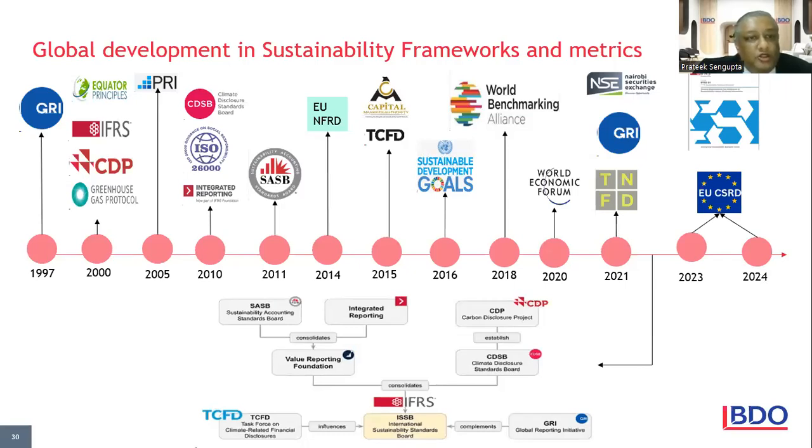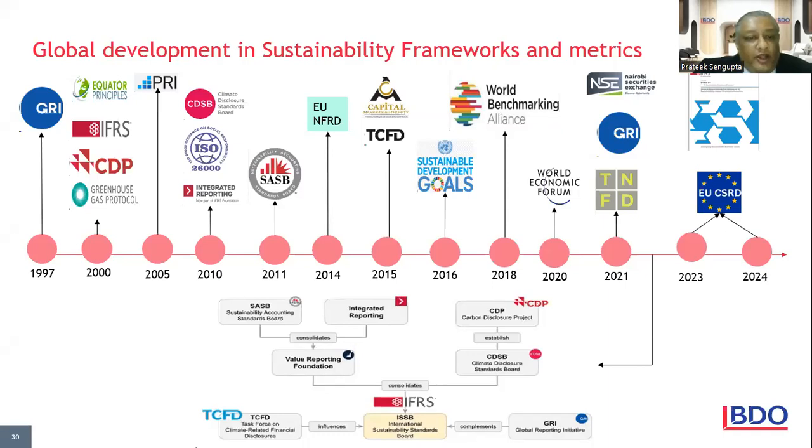And so was the creation of the Greenhouse Gas Protocol, which is globally the most accepted protocol for calculating your GHG footprint. Moving to 2005, we have the Principles of Responsible Investment, PRI, which again is extremely critical today to financial institutions reporting on their ESG-related investments and their ESG-related activities.